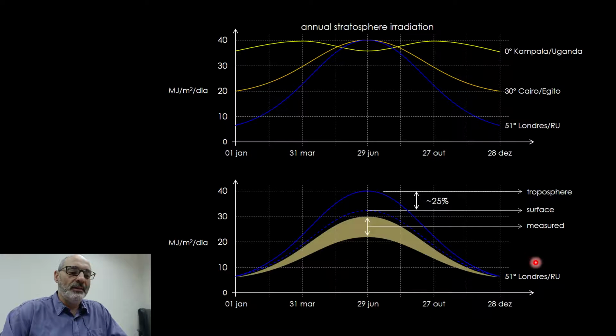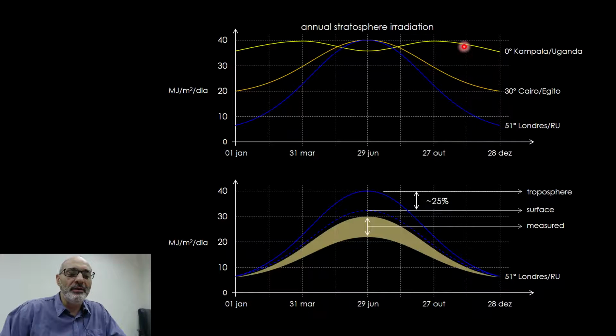Just to start looking at some numbers important for our power plant's design, and we're going to calculate these curves in a few moments. This is the amount of energy arriving on top of the atmosphere during the days of the year for different latitudes, in megajoules per square meter per day, so it's an average daily value.